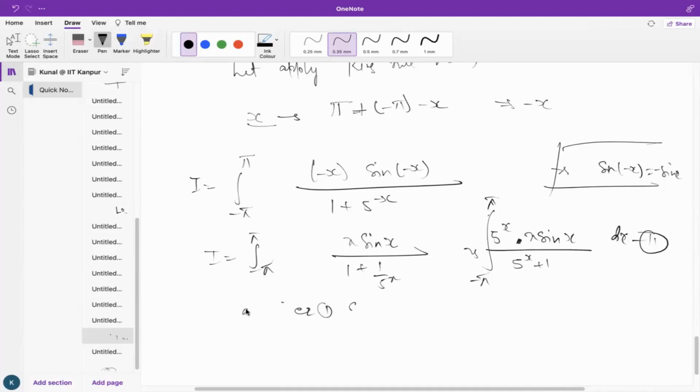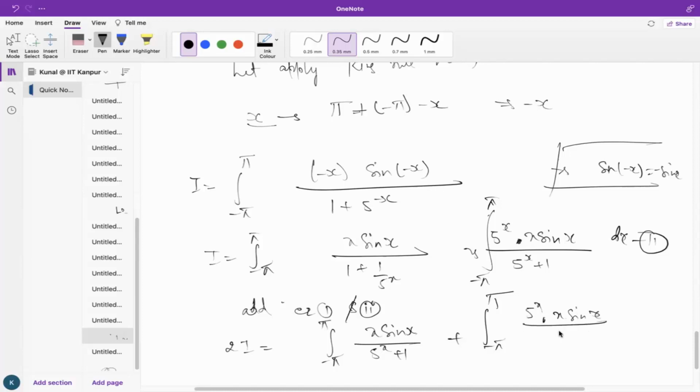So if we add equations 1 and 2, what do we get? 2I is equal to the integral from minus pi to pi of x sine x by 5 to the power x plus 1, plus the integral from minus pi to pi of 5 to the power x times x sine x by 5 to the power x plus 1 dx. I hope you all understand what I'm doing.